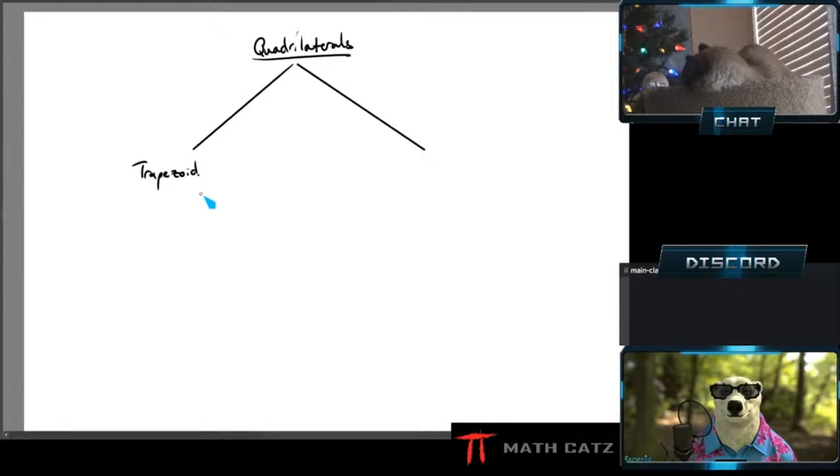make it a little bit more specific by saying, let's not allow anything, but let's require that two opposite sides should be parallel. Now, I know we have not defined the concept of being parallel, but we'll have to wait for that.